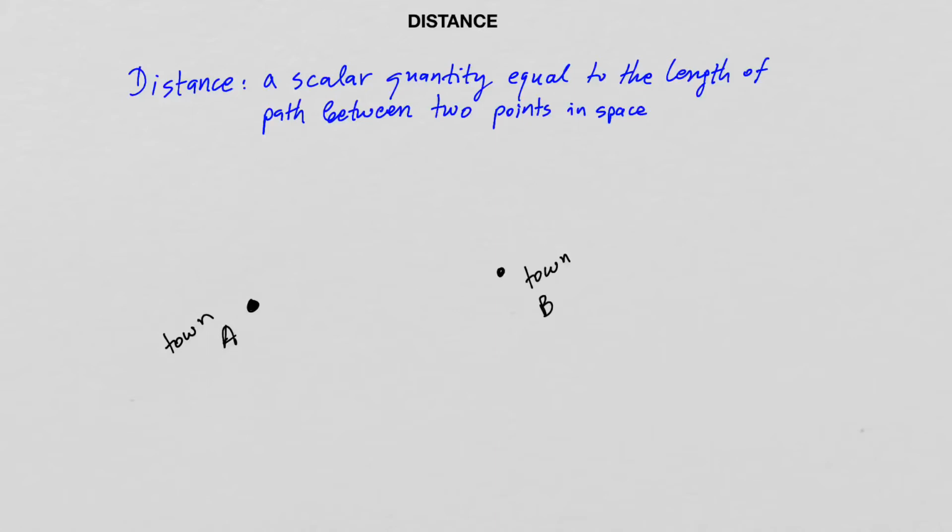And town A is our starting point or starting position or initial position. And town B is the final position. And so let's assume that there are several different paths which a car can take to get between the two towns, from town A to town B. For example, the car could be traveling on a path that looks like so.